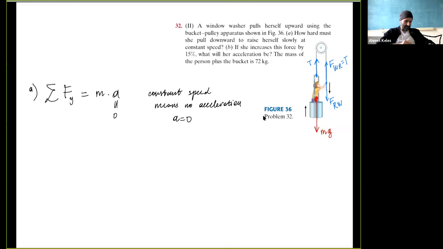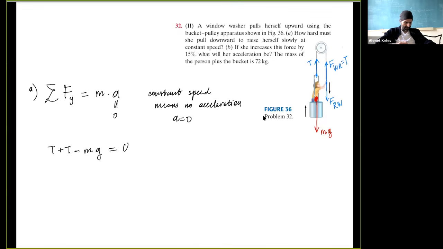Now let me just go ahead and sum all these forces. I want to assume this side is positive, this side is negative, and let's sum these things up. What do I have? I have T, I have another T, so T plus T, and I have mg, but it is in the opposite direction, so I'll subtract it, minus mg, is equal to 0.